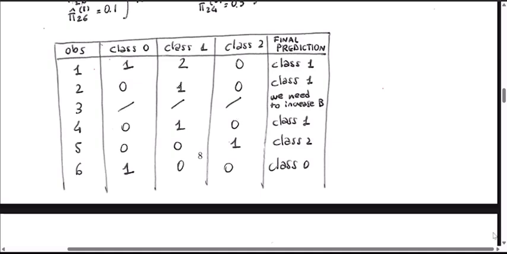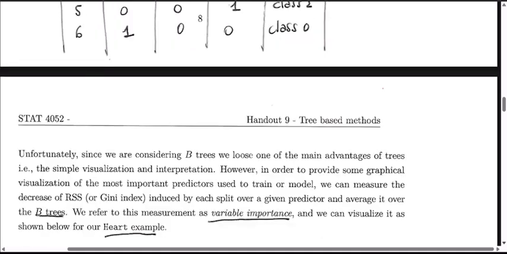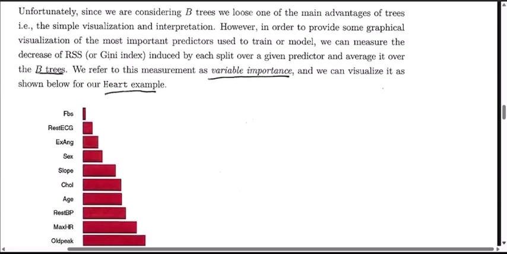Now, let me tell you this. I remember in regression analysis, where we are looking at the effect of predictors on response, and probably we may want to rank how important the predictor is.